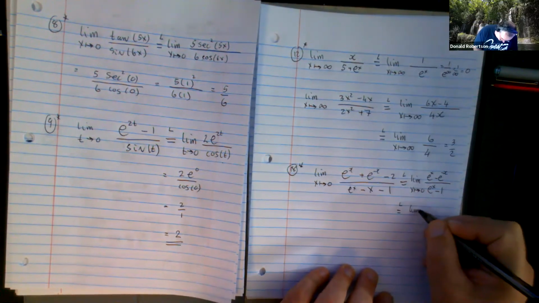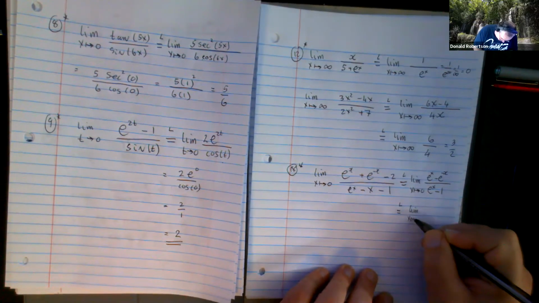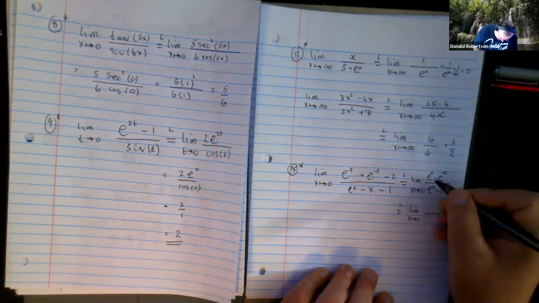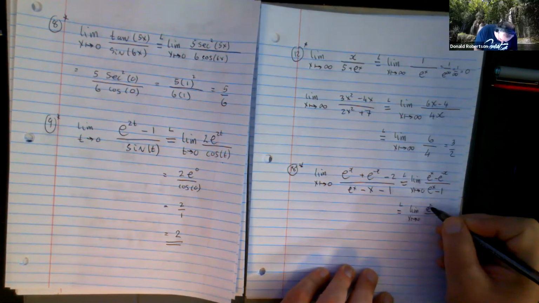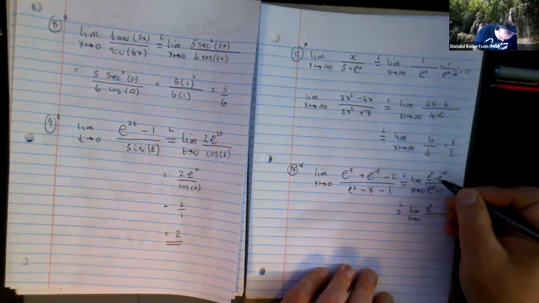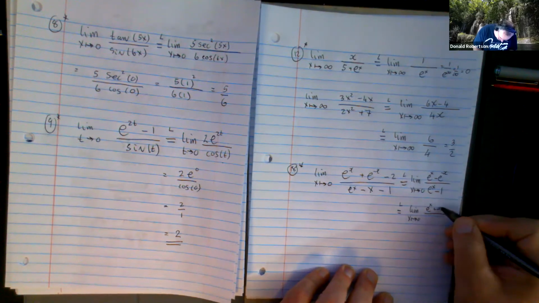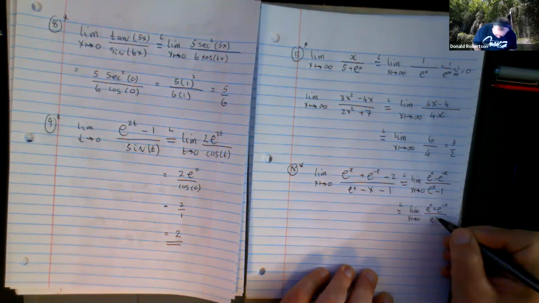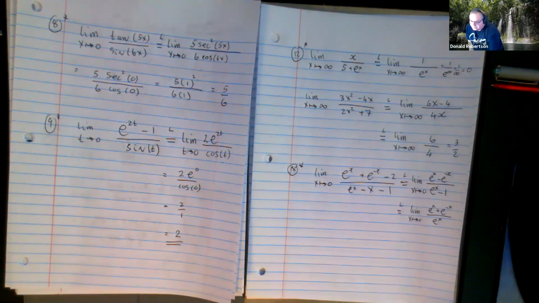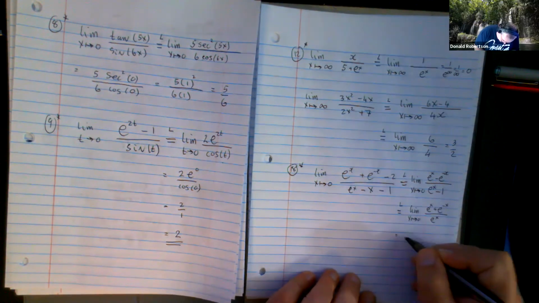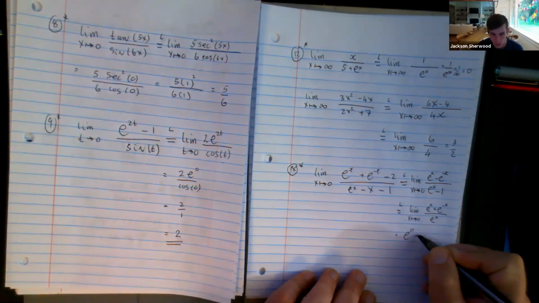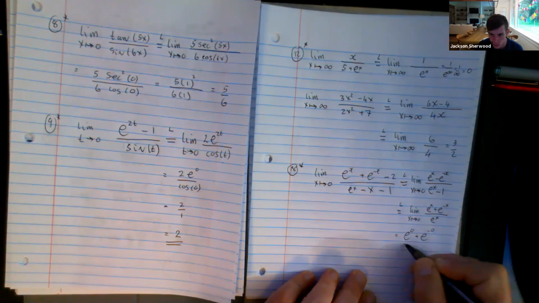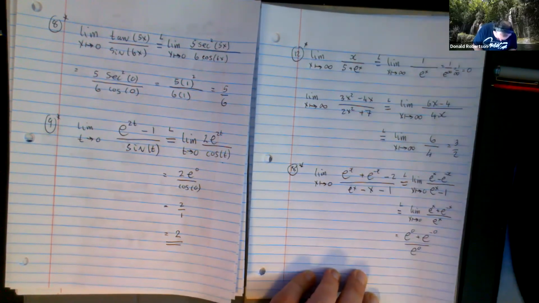And the limit as x tends to 0. This guy gets you e to the x. This guy gets you a negative with the negative that's already there, so it's back to being positive. And this guy gets you e to the x. Now I'm going to plug in 0. E to the 0, e to the negative 0, e to the 0.